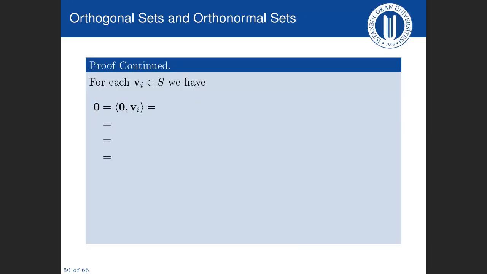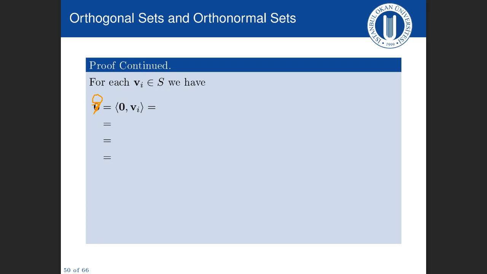And the way I'm going to do this is, there's a typo here, this should be the number 0. I'm going to calculate the inner product of the 0 vector and each one of these vi's.